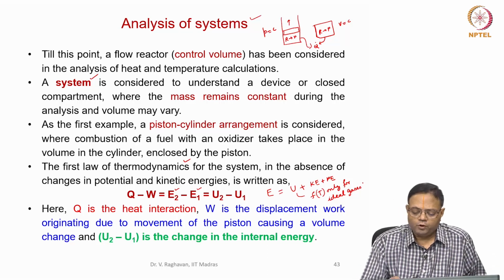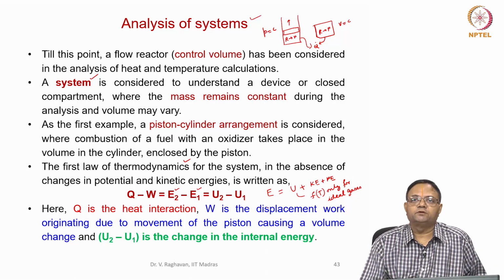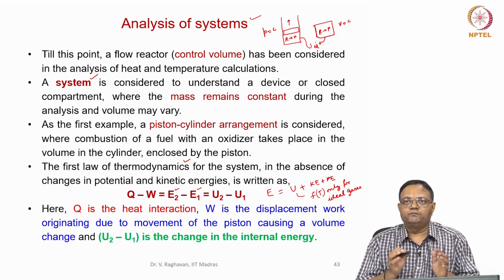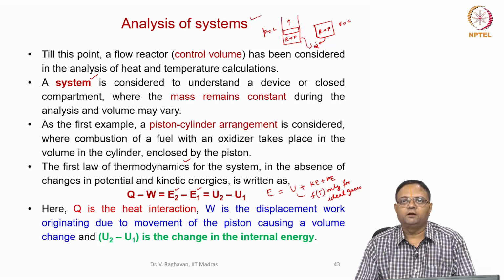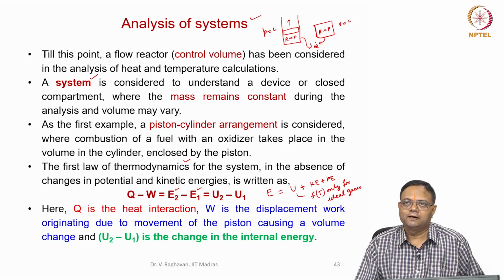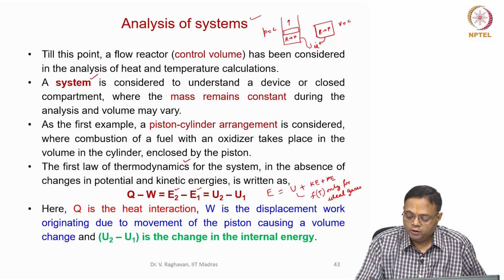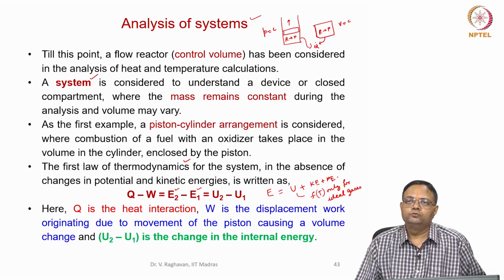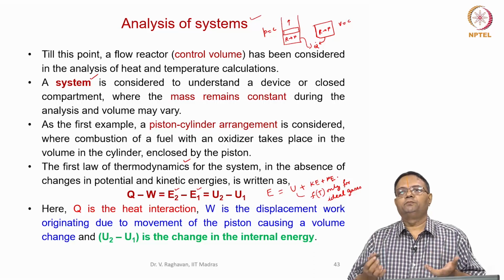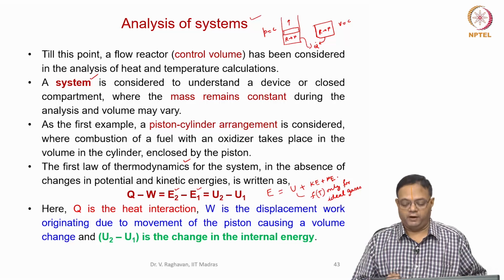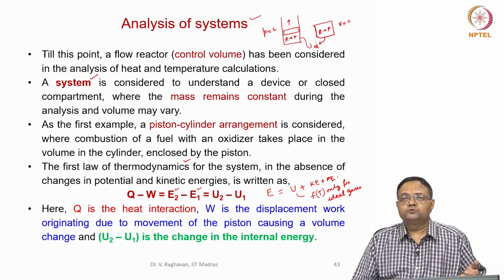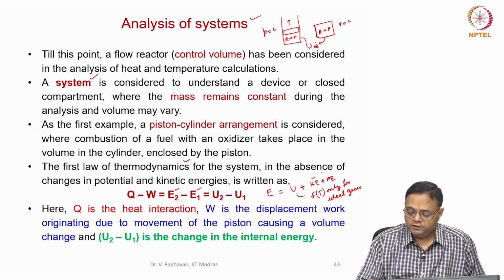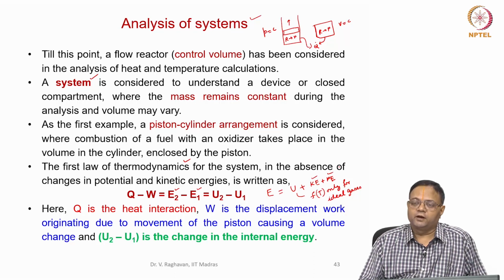So the kinetic energy of a system is nothing but the system itself, if it is traveling with a velocity, then it has a kinetic energy. Similarly, the potential energy of the system also is dependent on the system itself being at a particular height above the reference plane and so on. But in general cases, the changes in the kinetic energy and potential energy are negligible.